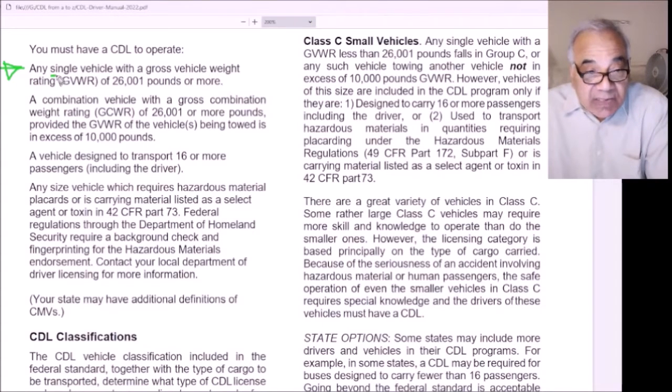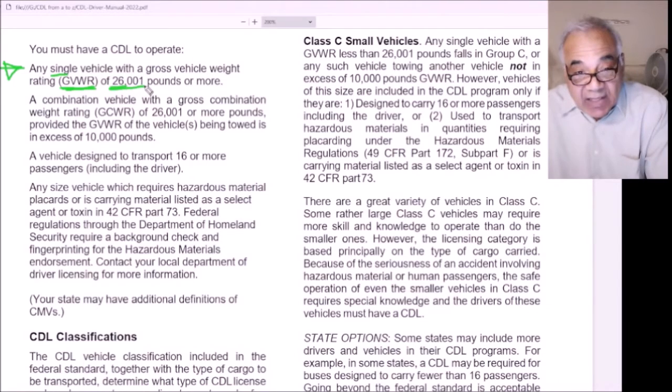Number one is any single vehicle with a gross vehicle weight rating. You're going to see that abbreviation a lot outside the trucks, outside the trailers, on the trains, on the train trailers: the gross vehicle weight rating.